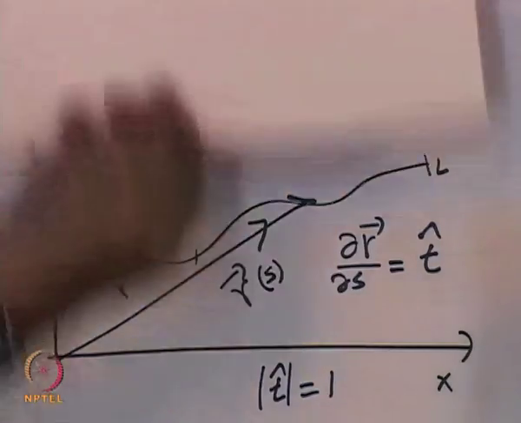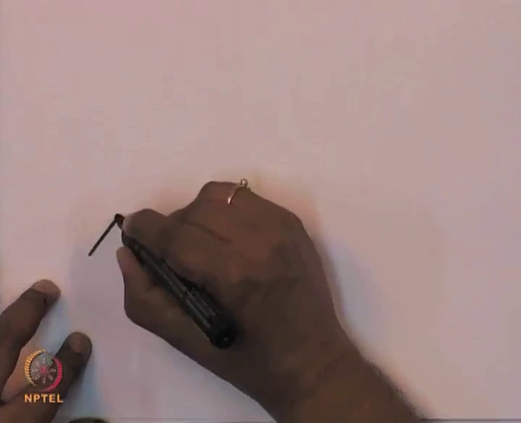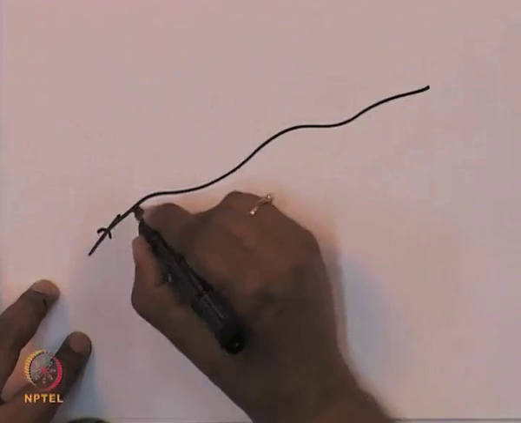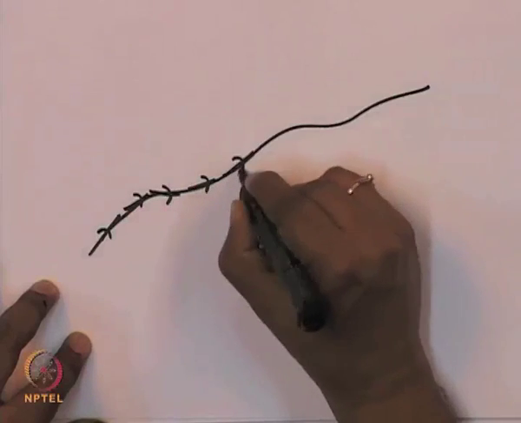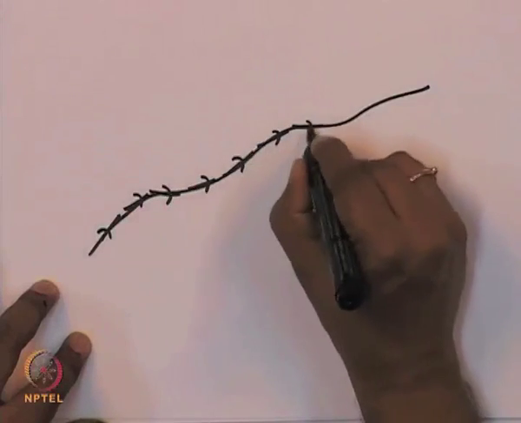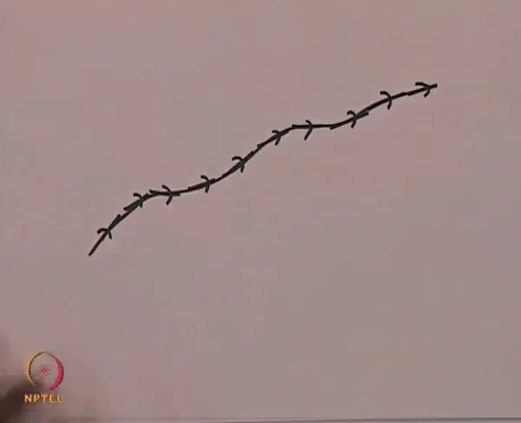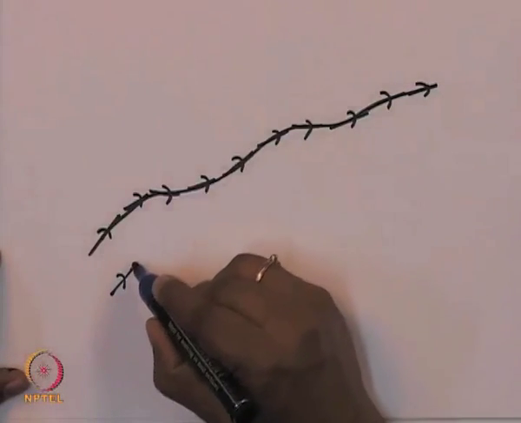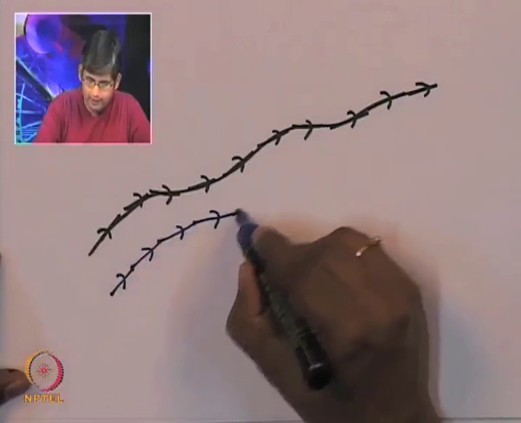If you think of it more clearly, you can think of DNA as a line like this, and at every point we can define a tangent vector. Equivalently, this could also be thought of as a set of tangent vectors like this.